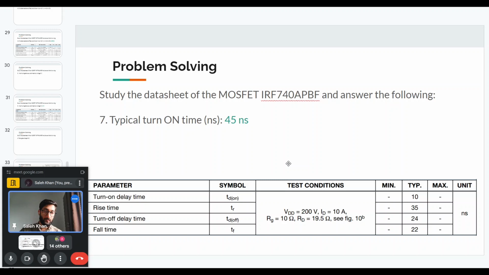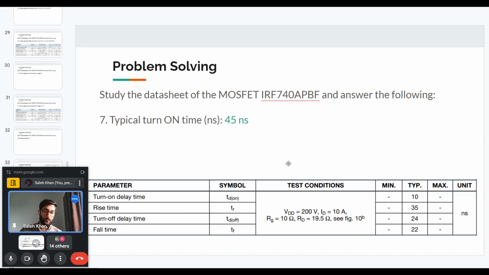And we can also see in the graph that as VDS increases, the output capacitance decreases. So at very low VDS, which is here at 1 volt, the output capacitance is 1490 picofarad, which is quite high. And then even if it increases by a small amount, from 1 volt to 25 volt, the capacitance decreases by a large amount because it is a logarithmic scale.